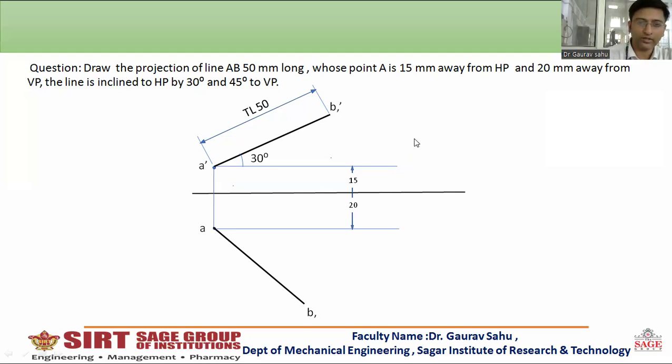Now, step number 3: draw the vertical from this point B dash 1 to the locus of A. The line should be drawn from this side and it should cross the XY line to the locus of A. So we are drawing a line from B dash 1 to the locus of A. And on the locus of A, dear students, remember you can mark any sort of point over here.